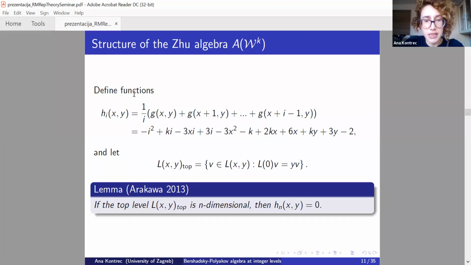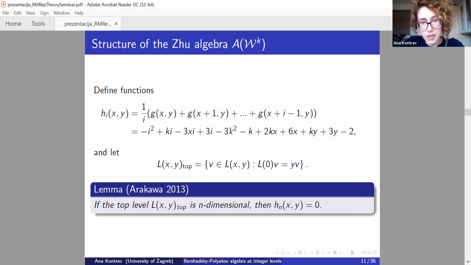Okay, and a key part of this work are these functions here, these polynomials h_i in two variables, which are defined in this way. So we have 1 over i and the sum here of polynomials g(x,y), and so on, g(x+1,y), and so on. So this is a certain quadratic polynomial.